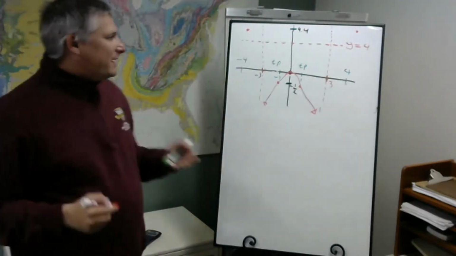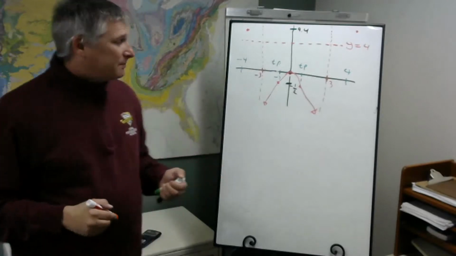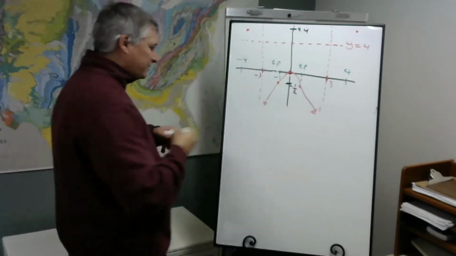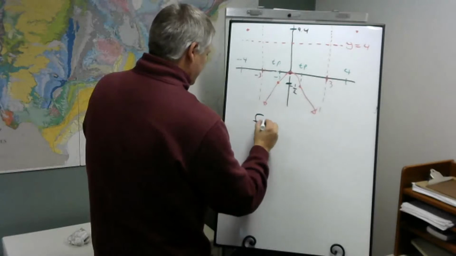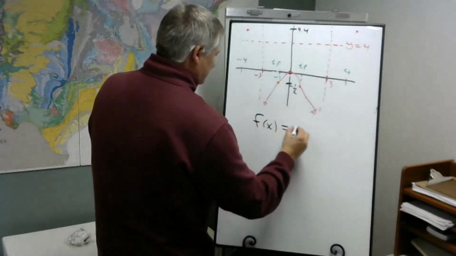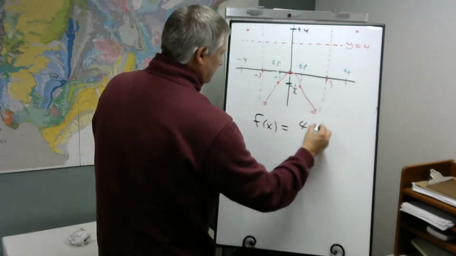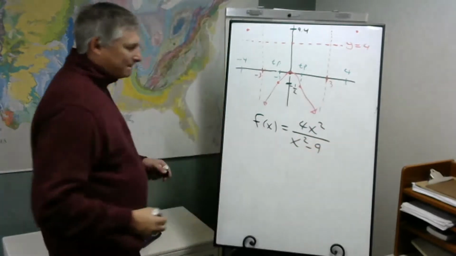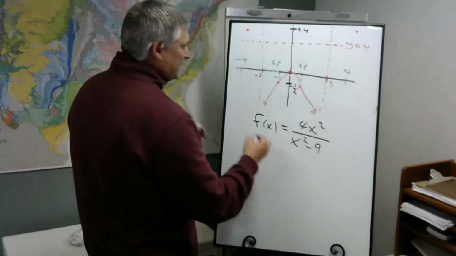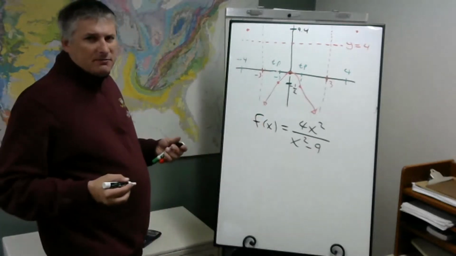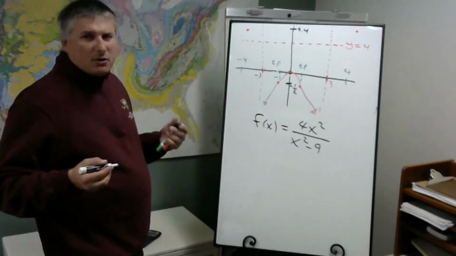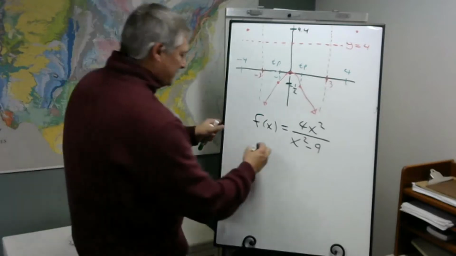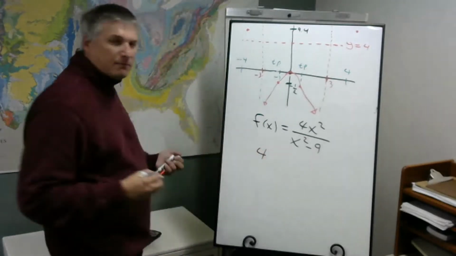So we want to test to see if that's true. Our function, f of x, is 4x squared over x squared minus 9. If this crosses the horizontal line y equals 4, that means f of x must become 4 at some point.